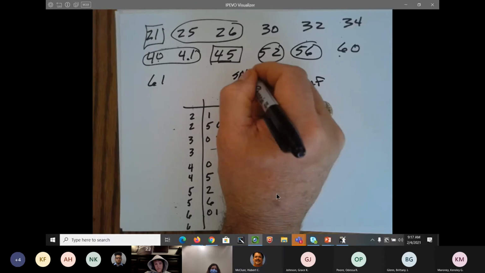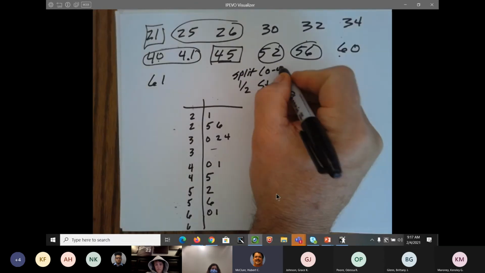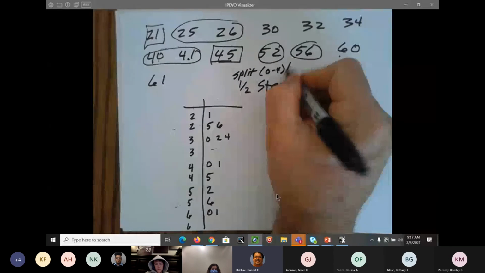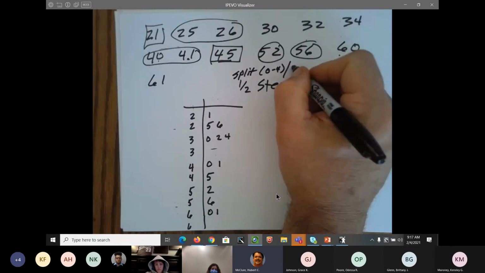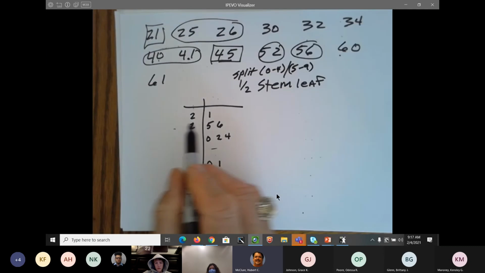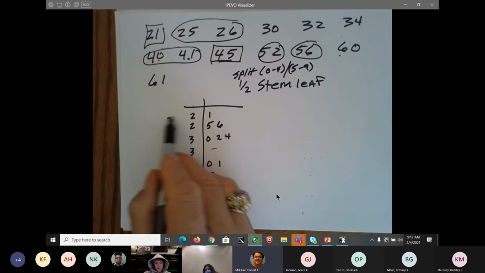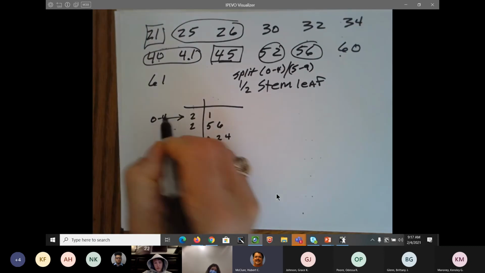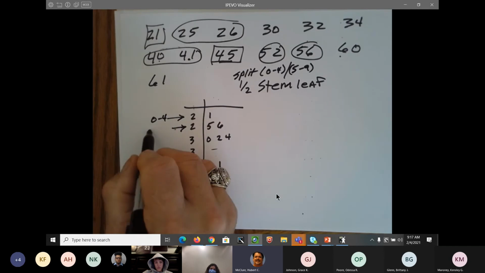You split it at 0 to 4 and go from 5 to 9. So this one is 0 to 4 and this one is 5 to 9.